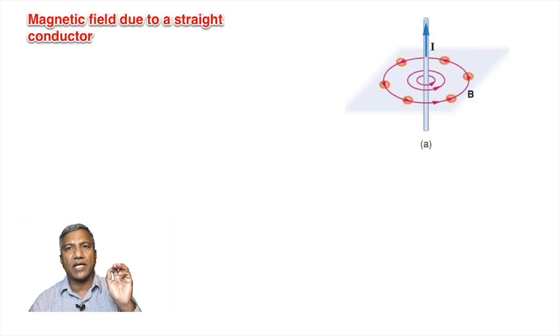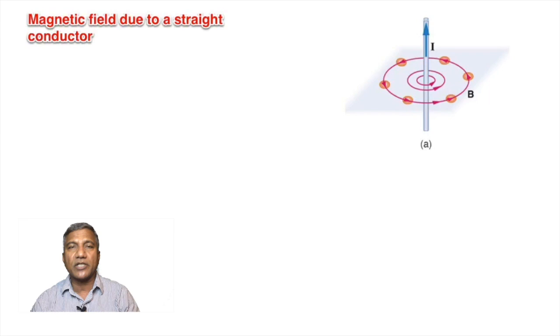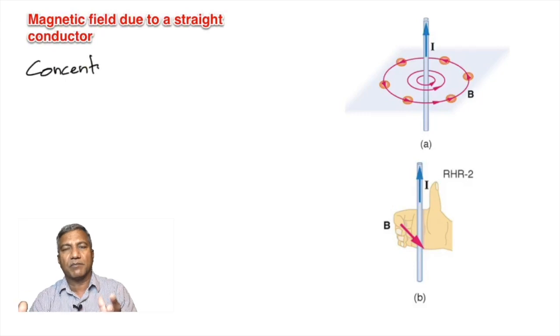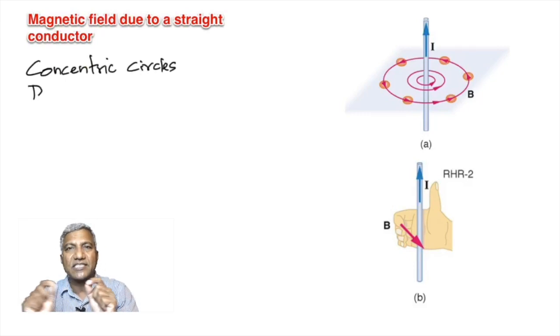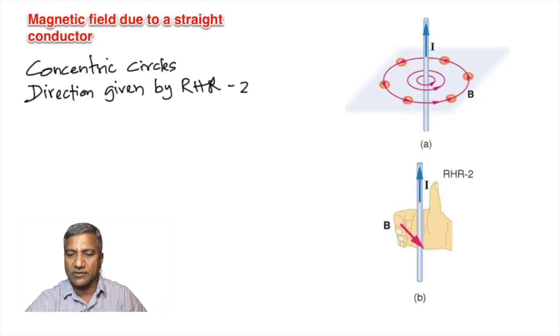And the magnitude of the magnetic field is surely going to depend on the strength of the current, right? The stronger the current, the bigger the magnetic field, but it will also depend on the distance of the point. So if you're trying to find the magnetic field here, at a certain distance from the conductor, you will have a certain magnetic field there.